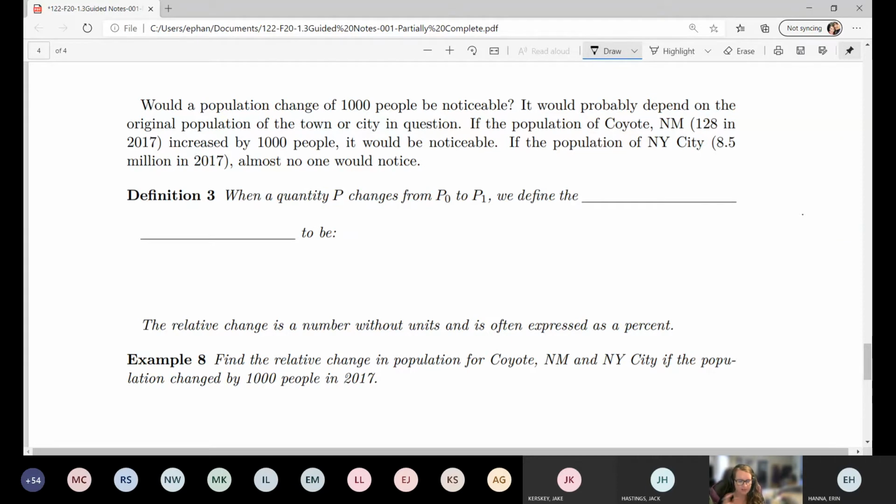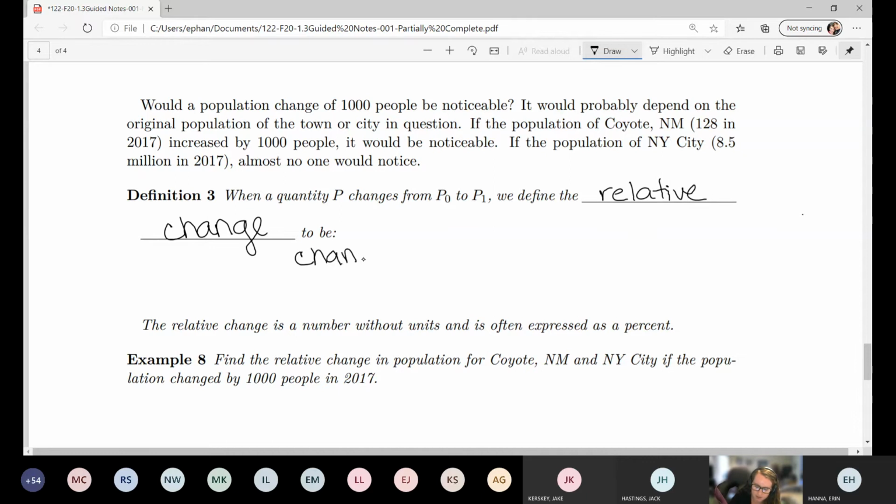So we kind of want to figure out how large or small a change is from a starting value to an ending value. So we have this idea: when our quantity P changes from P0 to P1, we define the relative change to be the following.